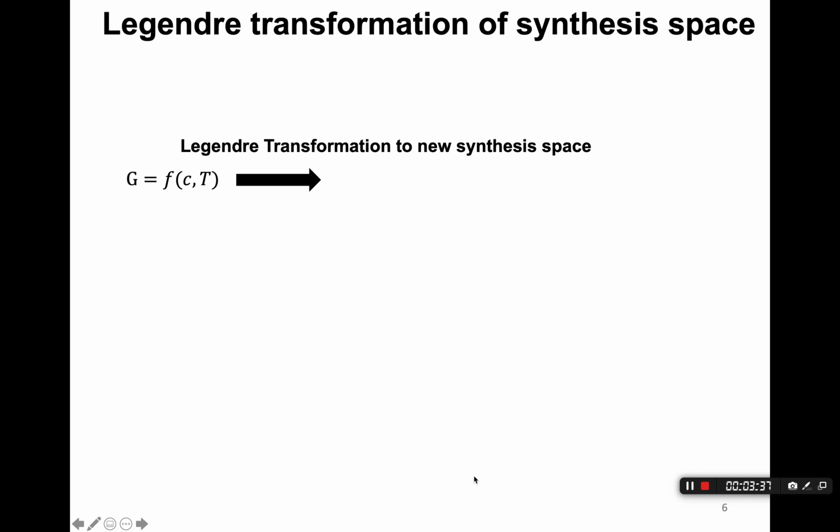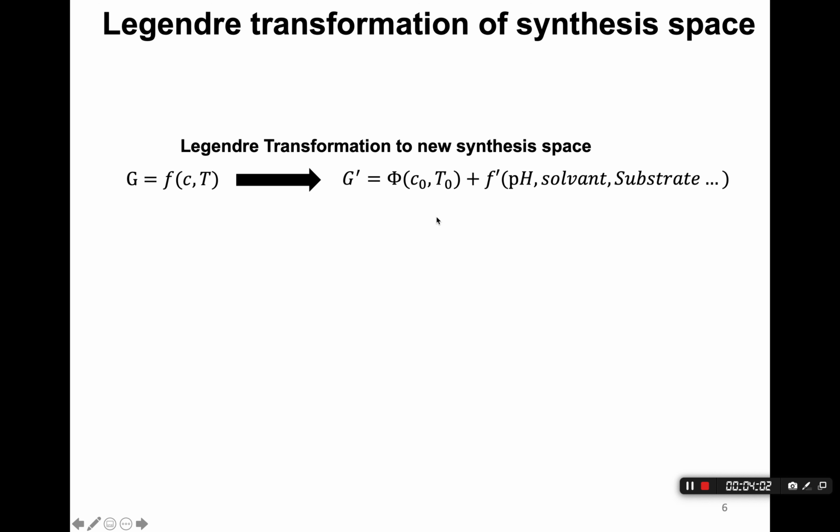We can do a Legendre transformation. Mathematically, we can have a new free energy, which is a function of a generalized potential. This can be the free energy at the reference composition and temperature, but in addition to that, we add another term, which is another gain of free energy as a function of other synthesis conditions.